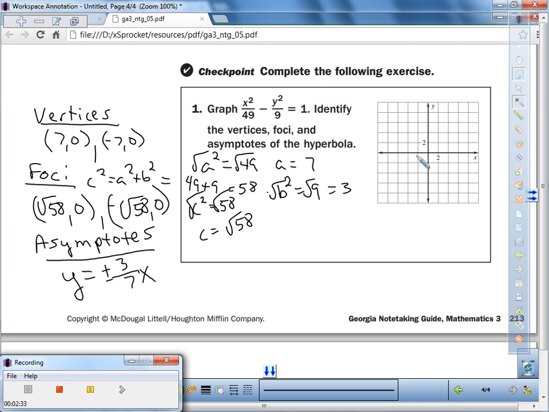Now to graph it, a is going to be plus or minus 7 for our a value. So it's 2, 4, 6, basically halfway in that box, halfway in this box for our a. Now our b is going to be 3, so we'll go halfway here and here.